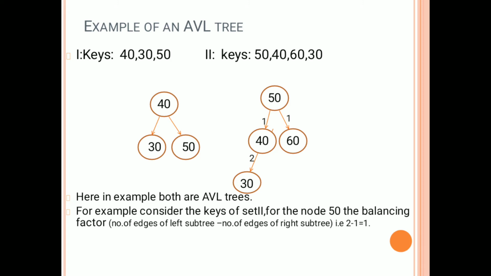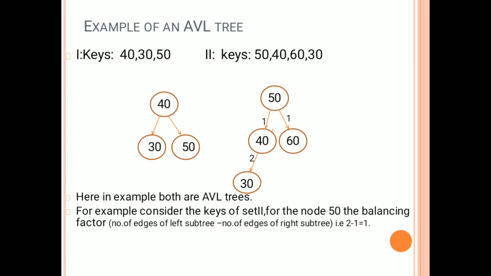So on the left side 50 has two edges. On the right side 50 has only one edge, between 50 and 60. The height of the left subtree, the number of edges of the left subtree, minus the number of edges of the right subtree: the left is 2, the right is 1, so 2 minus 1 is 1. So the balancing factor of the node 50 is 1.